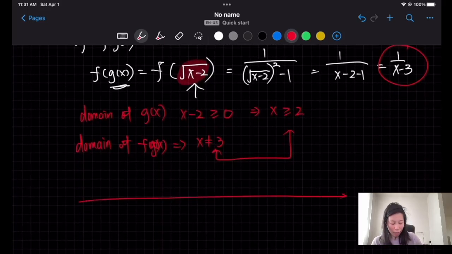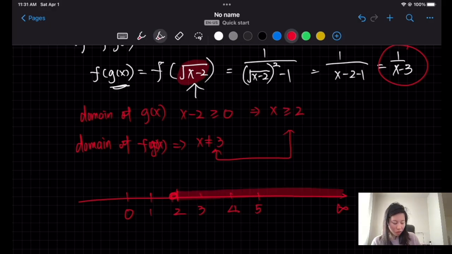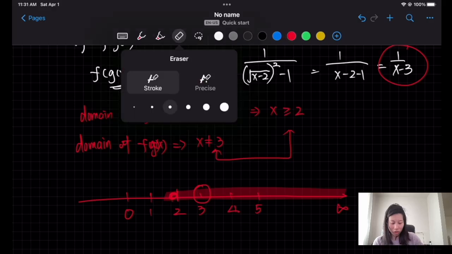I know that my function has to be greater than or equal to 2, highlighting that part. On the other hand, my function cannot be 3. The 3 should be a circle.